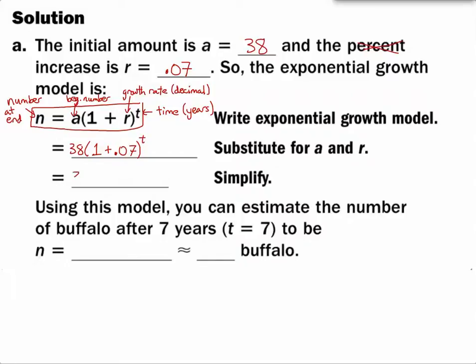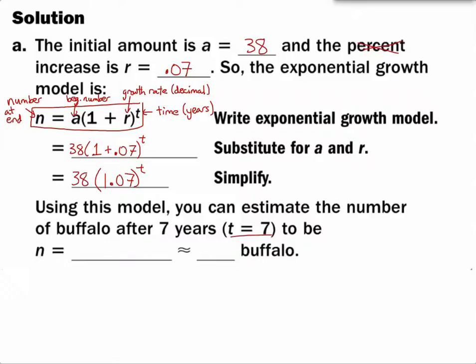And so it's 38 times, and then 1 plus 0.07 is 1.07. That's quite possibly the least exciting thing anybody's told you today. So it's 38 times 1.07 to the t. And then here's the part that I had mistaken it for. They said at the end they do want to know what happens after 7 years.